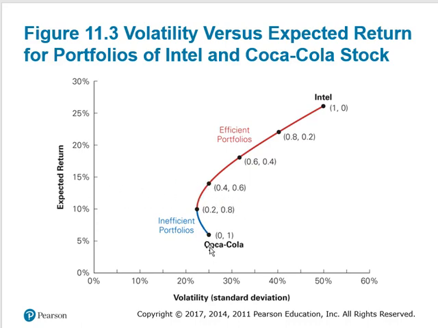So we have a 9% increase in return by putting more of your money in Intel and have the exact same amount of risk. So we want to choose something on this upper part of this curve.